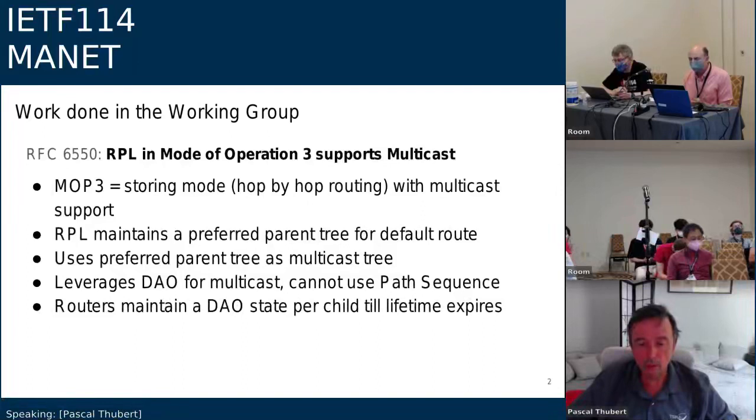So the leaves inject their multicast addresses as they would inject any cast address or unicast addresses. It's just that the parent, instead of keeping the freshest one using what we call a path sequence, that's how we do mobility in RPL, instead we just keep them all and let the lifetime expire.